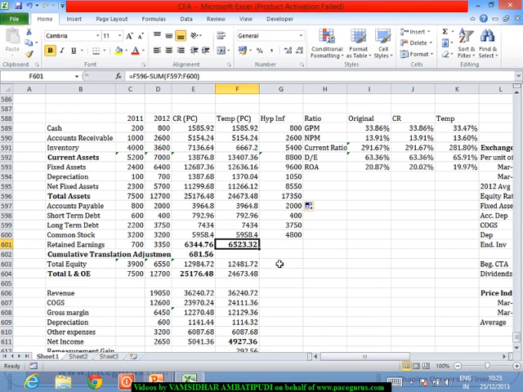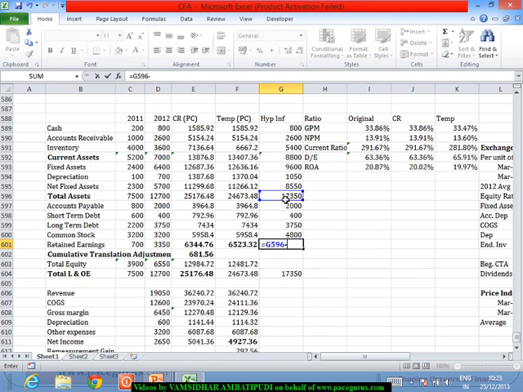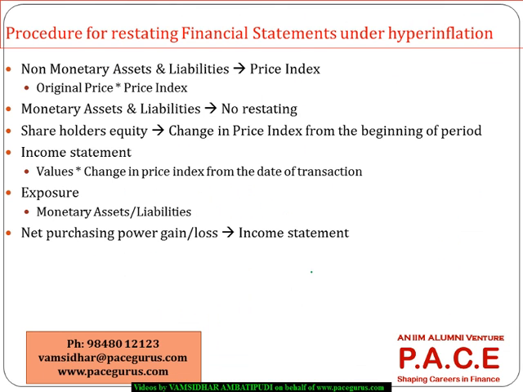Similarly, when it comes to the income statement, the total assets should match my total liabilities. So I will directly take this to be my total assets, and from here I'll get back to my retained earnings. This is the retained earnings in a hyperinflationary economy.